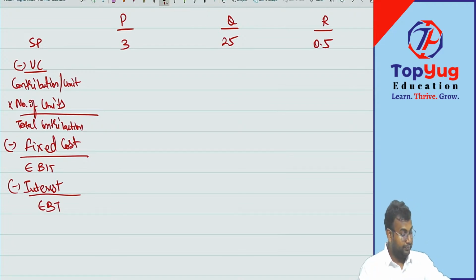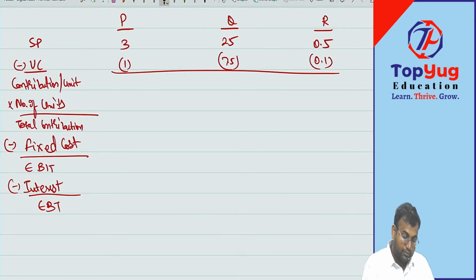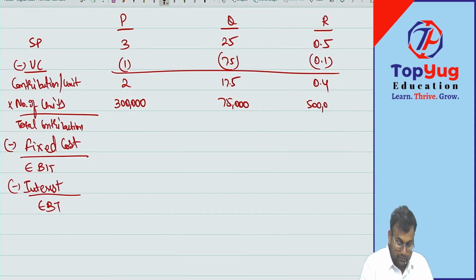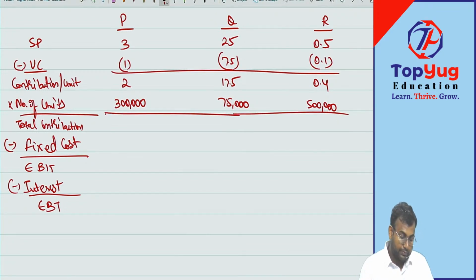Then again variable cost 1, 7.5, 2, number of units 6 lakhs.